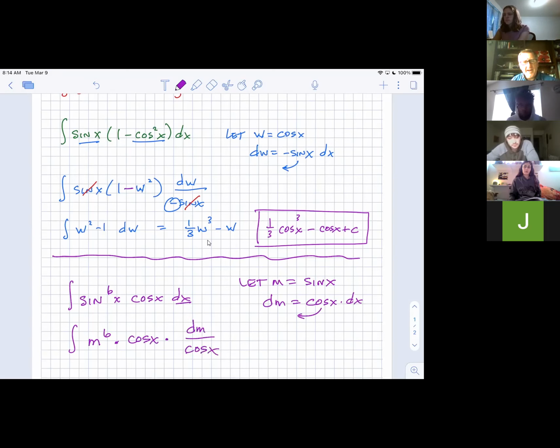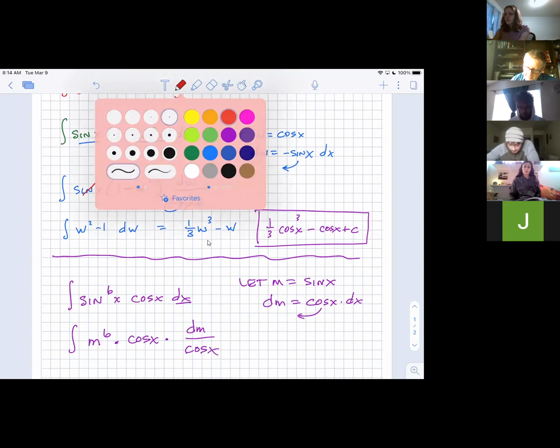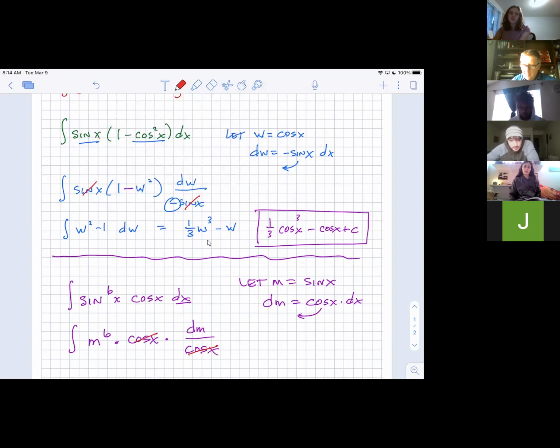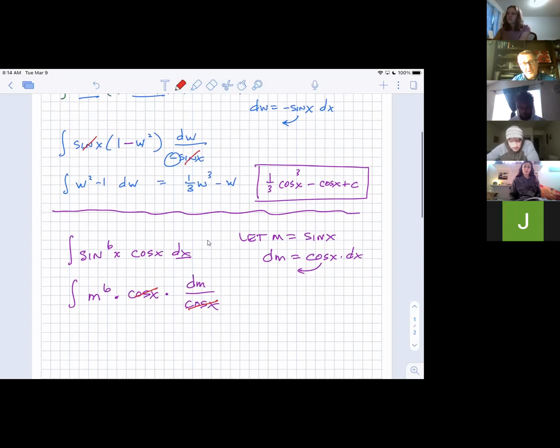I didn't have to draw a right triangle for this, as we did yesterday a little bit, and somehow rewrite cosine, because it just canceled out. So we love it when the derivative of what we're substituting is sitting there, because this is what happens. This problem is just super easy now. Bam, bam, that's gone. So it really is just the integral of m to the 6th dm. That's a super easy integral to take.